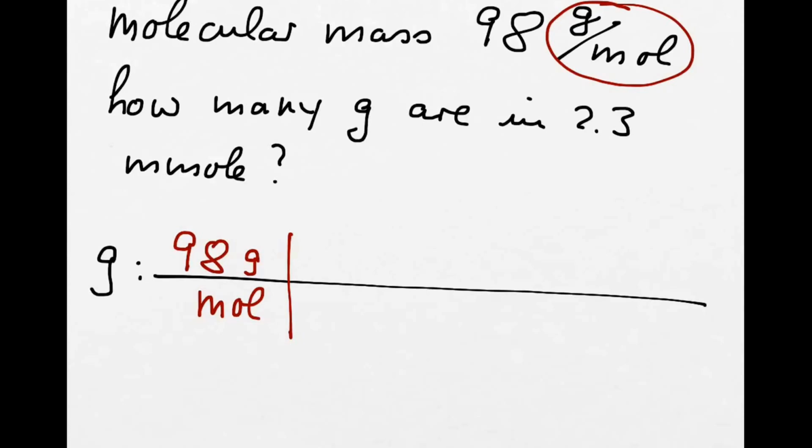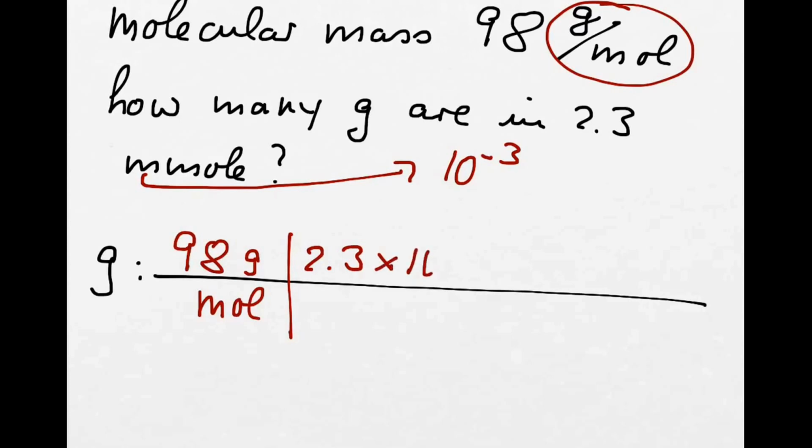We know that milli means 10 to the minus 3. So this would be 2.3 times 10 to the minus 3 mole. Yeah?